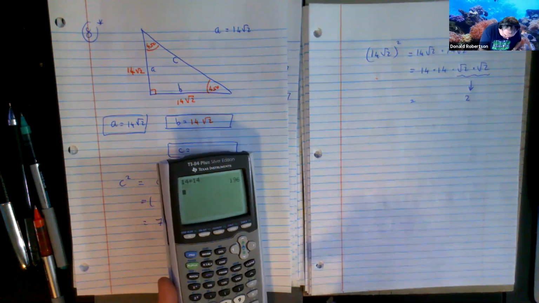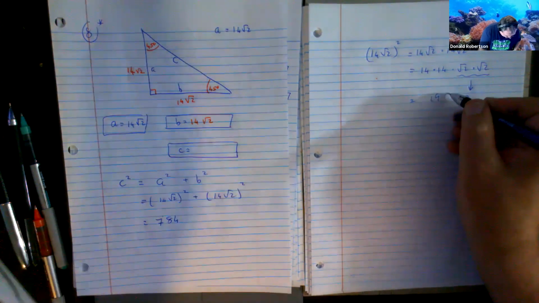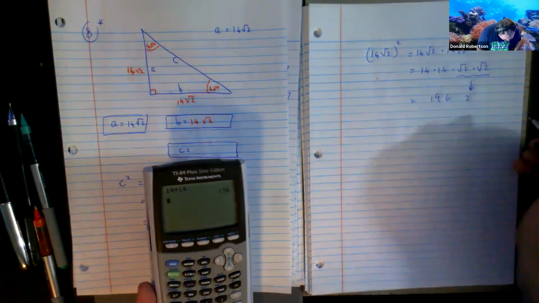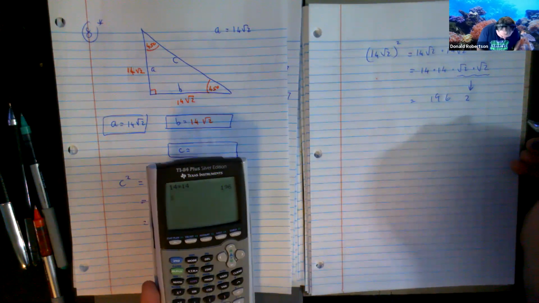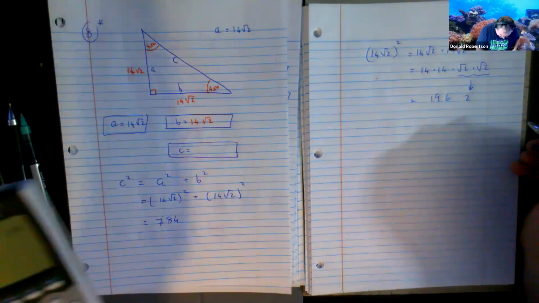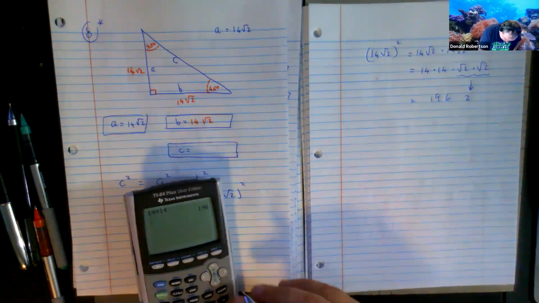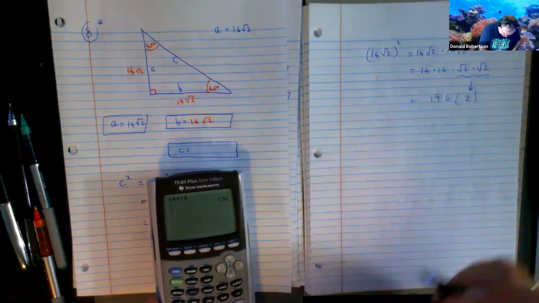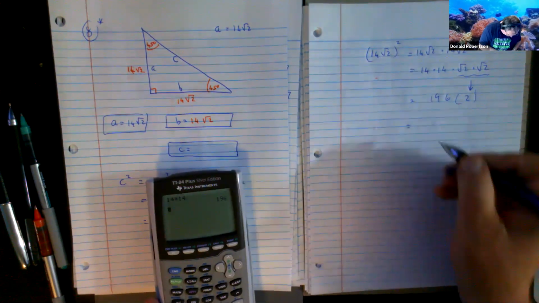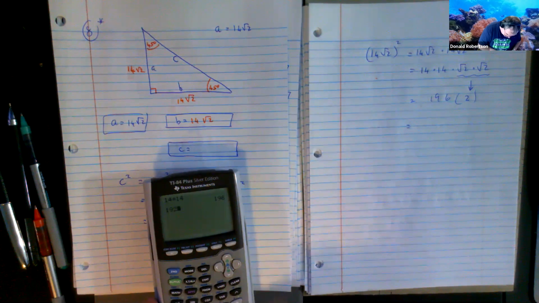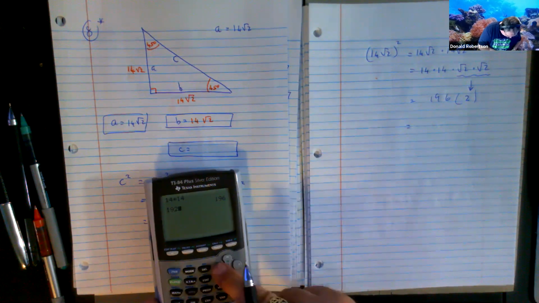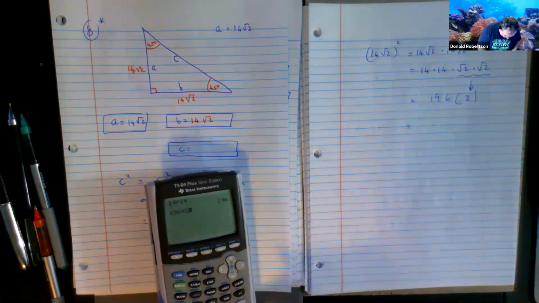And that's 196. And 2 times, did I do that right? I think I might have got the wrong answer here, guys. But it's getting late in the day. That's 196 times 2. It's 392.